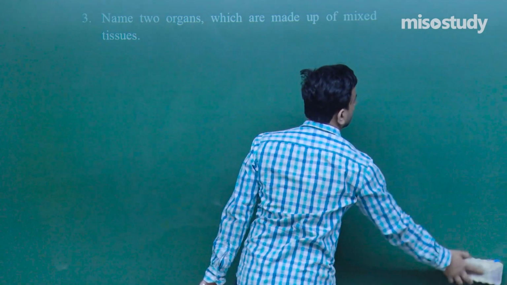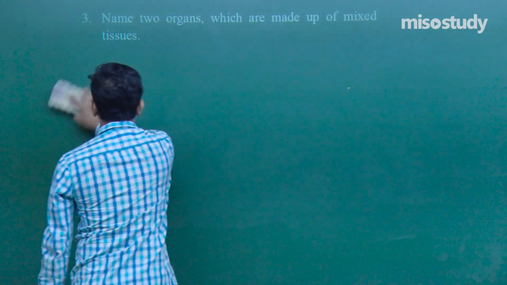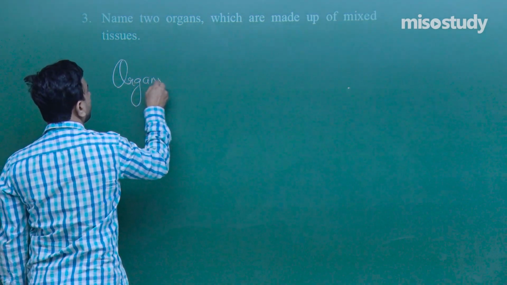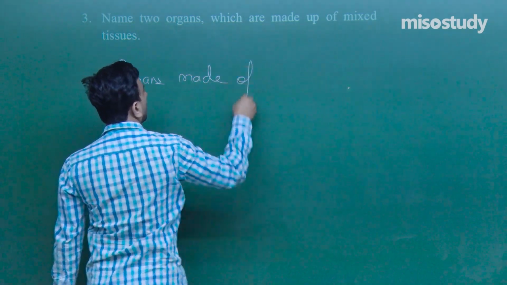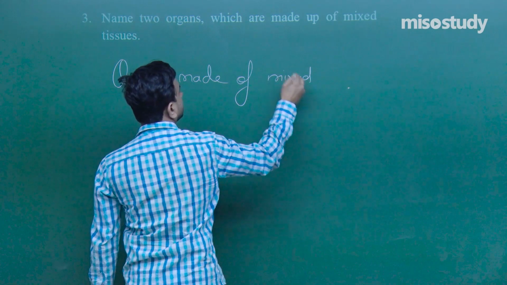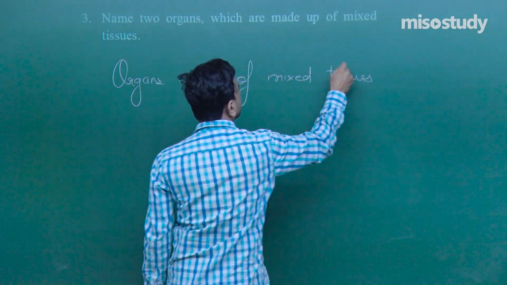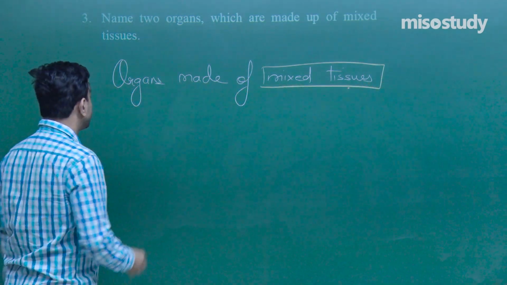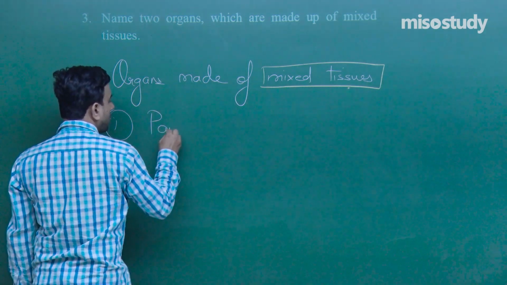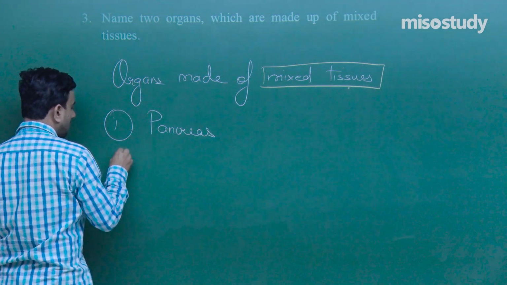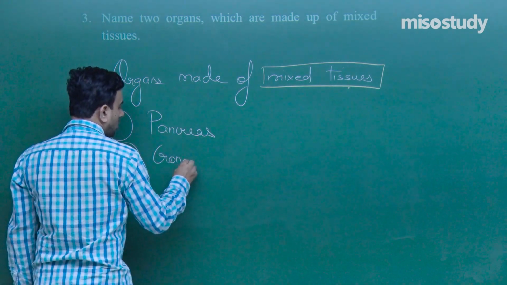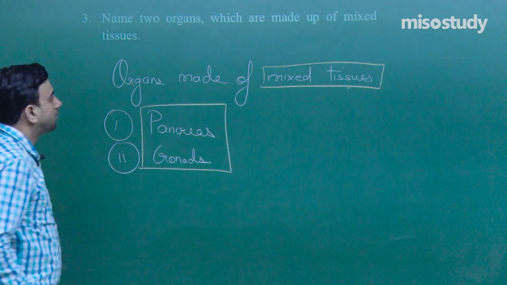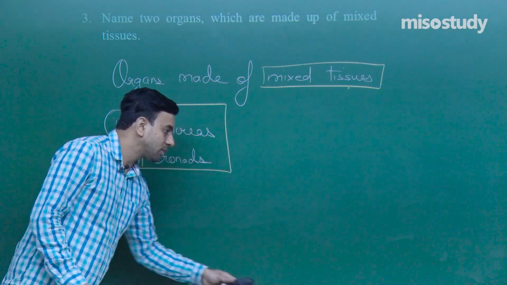The organs made of mixed tissues, one is the pancreas and the other one is the gonads. The pancreas and the gonads.